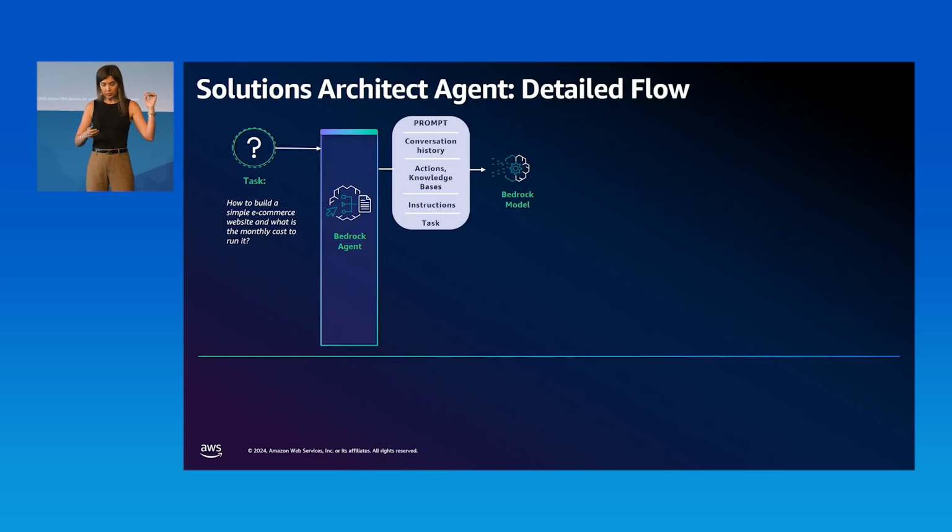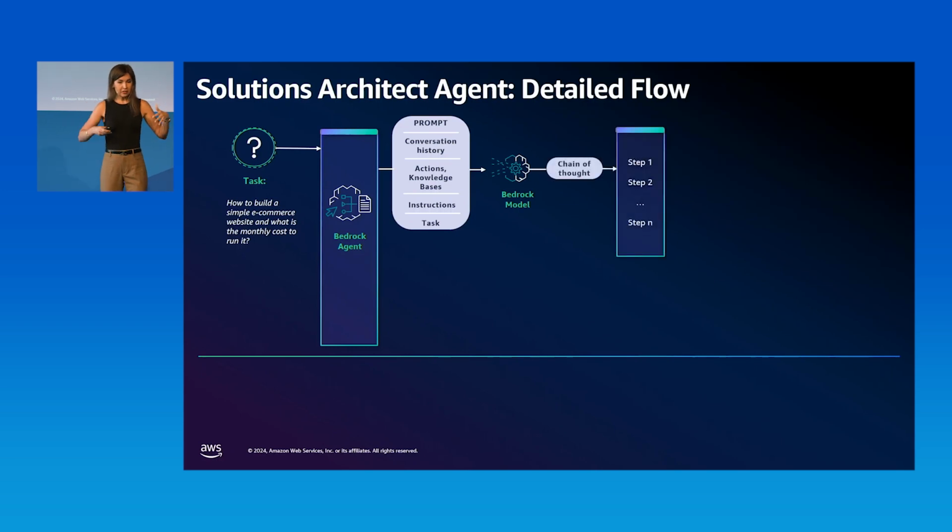And in this way, it can then utilize the chain of thought algorithm and think about, okay, well, which tool am I going to use now to get this particular task resolved. And it can create a plan with subtasks, with a step-by-step process, and then it will start to execute.